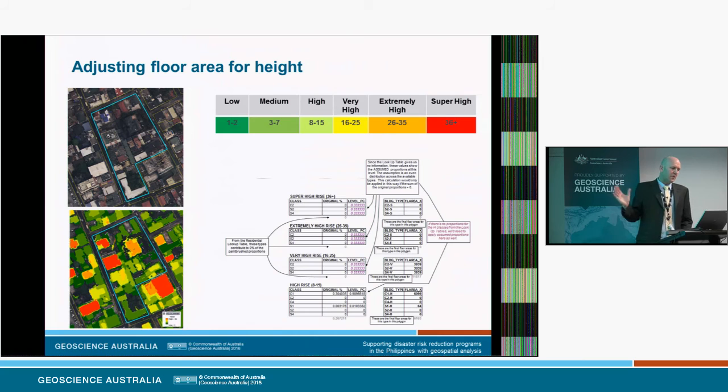As I mentioned earlier in the process, the building geometry model gave us the floor area sums for each of those polygons, but we needed a way to sensibly distribute the building statistics so that we weren't doing things like saying there's a super high-rise wooden building in this area. So we had to make some adjustments and develop the process around that.